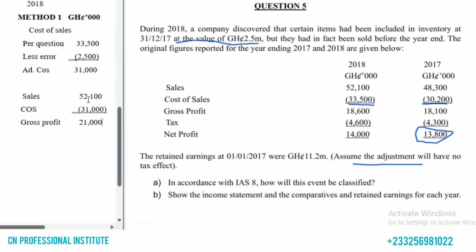21,100. Then we less the tax, still saying that tax will not be affected. So we use the same tax, and in 2018, the tax is 4,600.